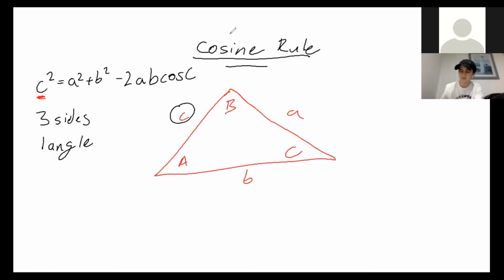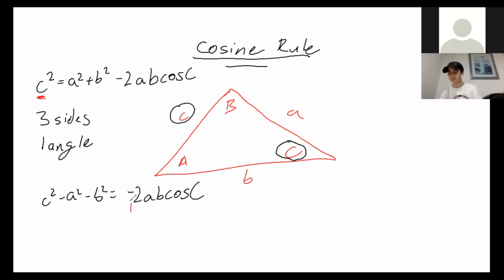But what if I wanted to find the angle C, that angle there? Well, what I'm going to do is rearrange this formula to find my angle C. So first of all, I'm going to minus A squared and B squared. So I get C squared minus A squared minus B squared equals negative 2AB cos C. Does that make sense?